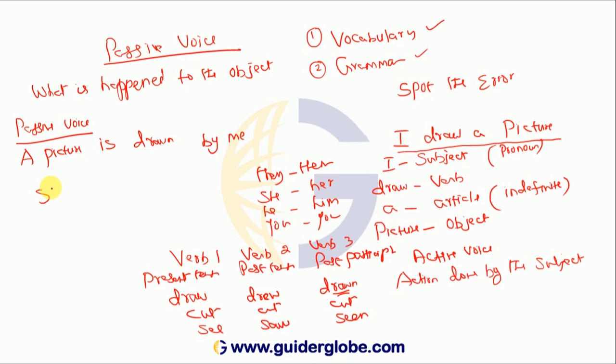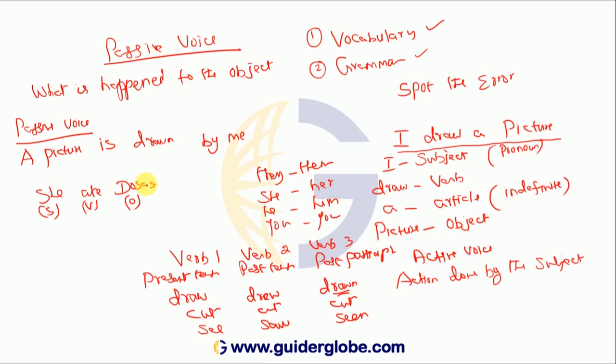She ate dosas. Okay, they are giving it in plural. She ate dosas. She is the subject, ate is the verb, dosas is the object. Which one had she eaten?